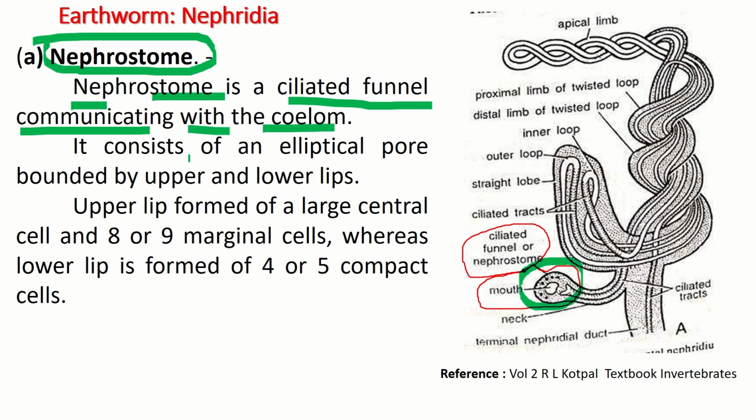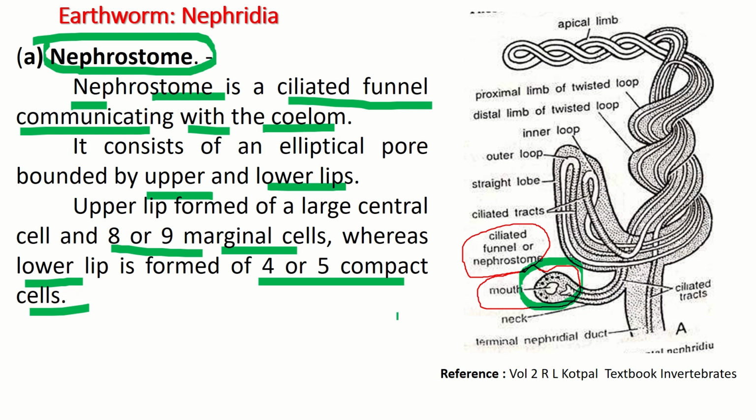It consists of an elliptical pore bounded by upper and lower lips. The upper lip is formed of a large central cell and 8 or 9 marginal cells, whereas the lower lip is formed of 4 or 5 compact cells, forming the mouth of the nephridium, which is called the nephrostome.